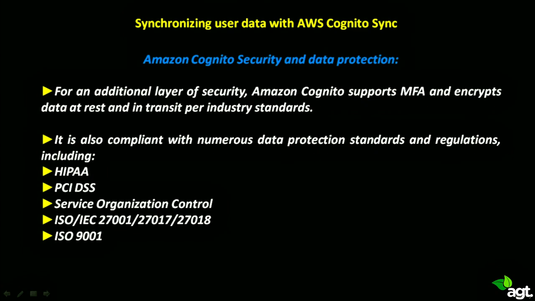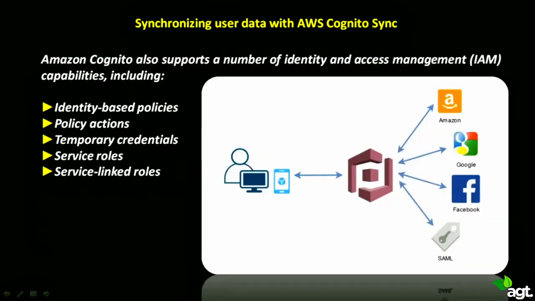It's also compliant with numerous data protection standards and regulations, including HIPAA, PCI DSS, Service Organization Control, ISO/IEC 27001, 27017, 27018, and ISO 9001. Amazon Cognito also supports a number of identity and access management capabilities like IAM, including identity-based policies, policy actions, temporary credentials, and service roles and service-linked roles.